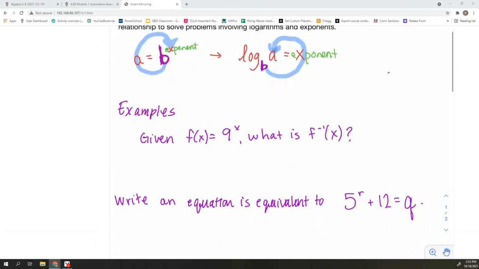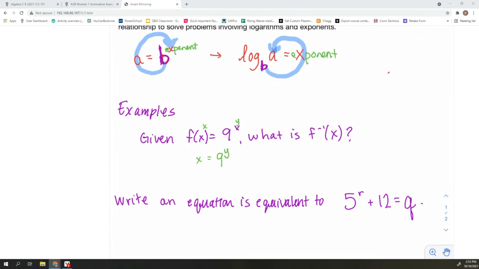If we had that f of x was equal to 9 to the x, and we want to know what is the inverse of that, how we're supposed to find inverses, if you remember, is we're supposed to switch the x and the y. So we're going to make this the y and make that the x. So it'd be x is equal to 9 to the y. And then we're supposed to solve for y. So y is in the exponent. That's good. Remember, it needs to equal that exponent. We're going to do the method that we just did.